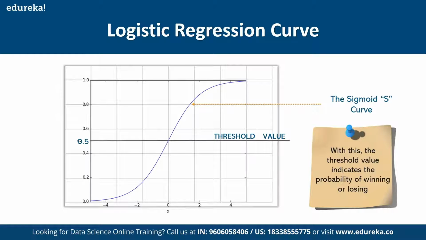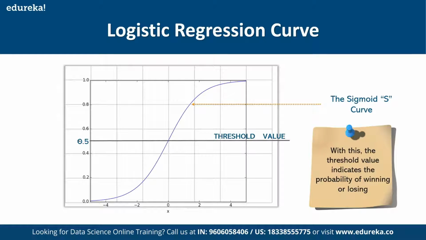So when I was talking about clear demarcation of classes or conditional probability, logistic regression, or the sigmoid function, will give you a probability for a particular class, between 0 and 1. It cannot be negative and it cannot be more than 1, because probability ranges between 0 and 1.